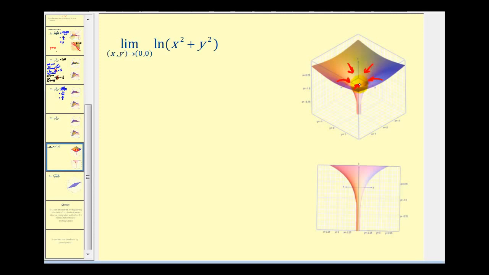You can very easily see that as we approach the origin, this surface is going down very quickly. It's even more obvious on this graph here. So it's pretty easy to see from this surface that as x and y approach 0, z is approaching negative infinity, which means this limit does not exist.